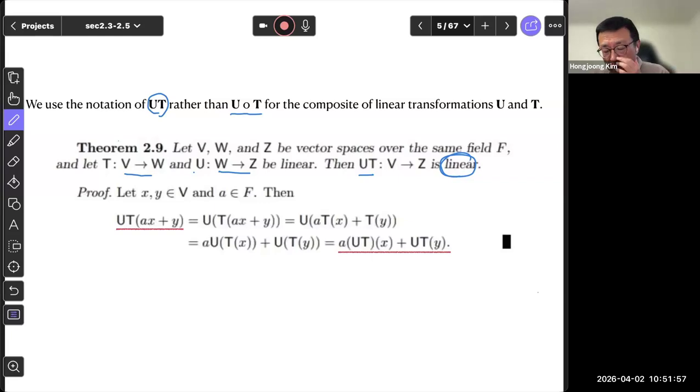So why is it so? Let us consider the image of ax plus y for arbitrary vectors x and y and arbitrary scalar a.